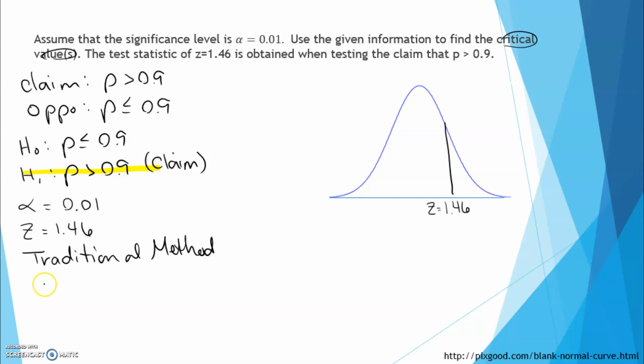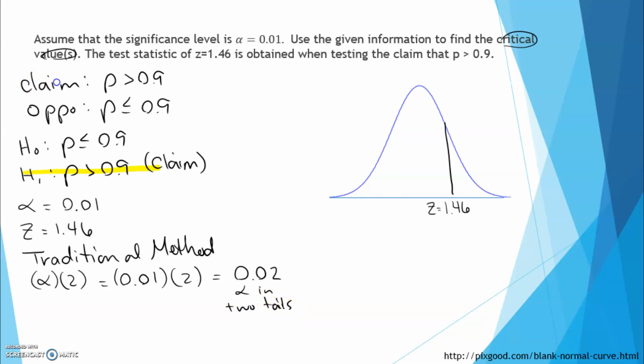So alpha times 2, which is 0.01 times 2, so 0.02. Okay, this is alpha in two tails, whereas this one right here was alpha in one tail.